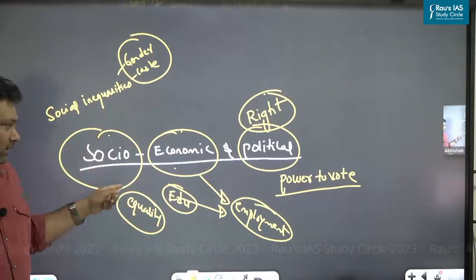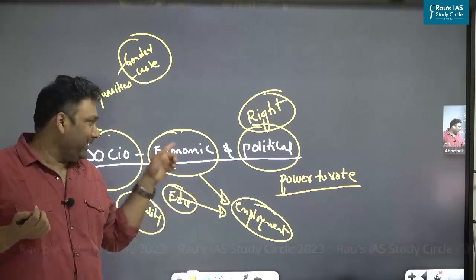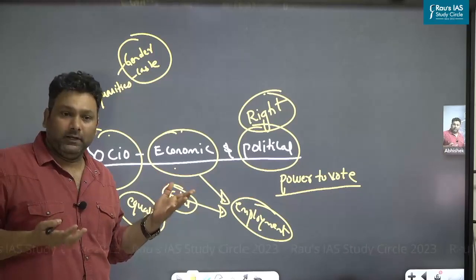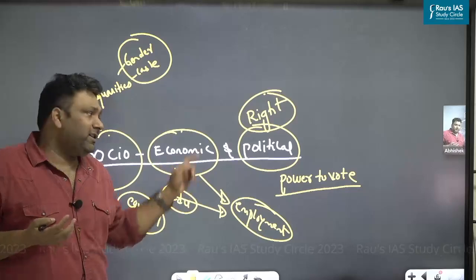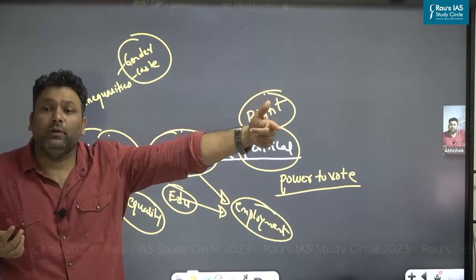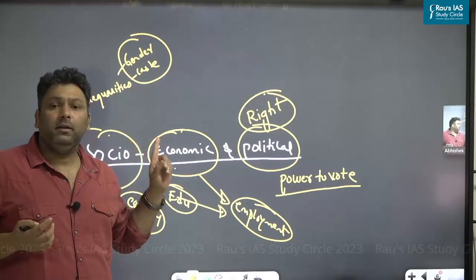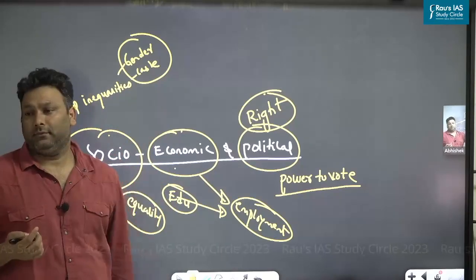That is a social equality. With education, they'll get employment. Then comes the economic equality. When you have the economic equality, then you can stand in elections, or you can go and vote without any fear. That is the political equality. That's why these words are written in this order.